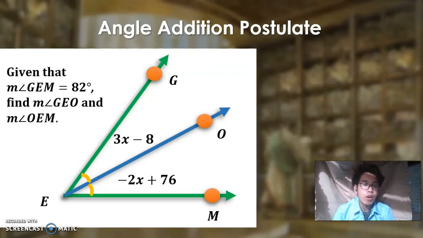The measurement of a big angle that contains two smaller angles is the sum of the measurements of those two smaller angles. It sounds factual, but that's the primary foundation, the bedrock of geometry.